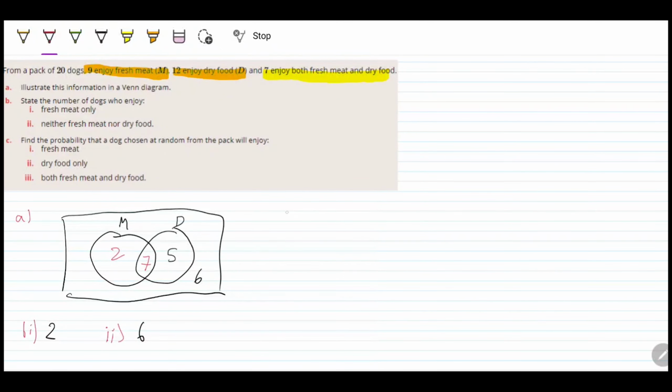In part CI, we are asked, find the probability that a dog chosen at random from the pack will enjoy fresh meat. So the probability of fresh meat will equal 2 plus 7, which will give me 9, over a total of 20.